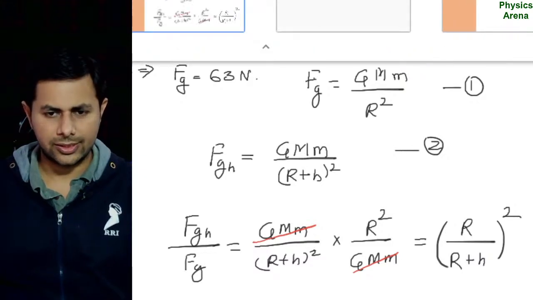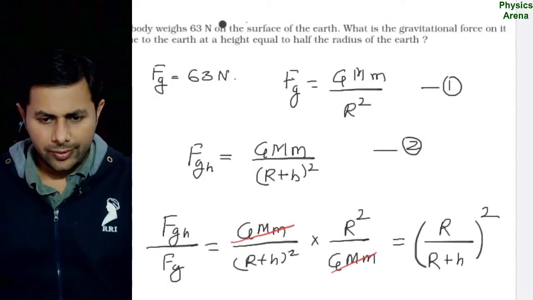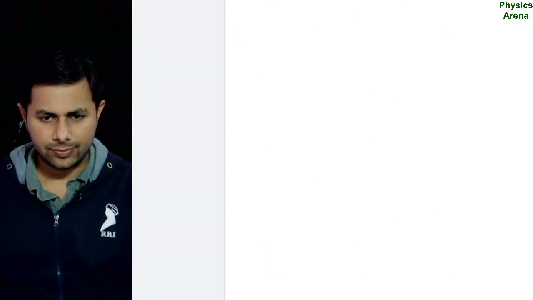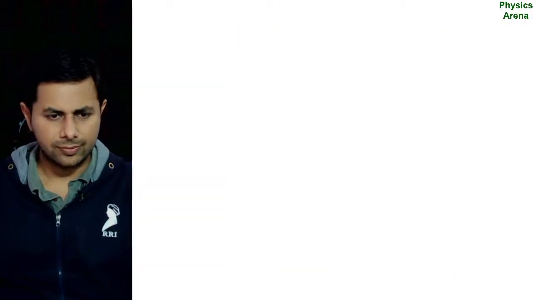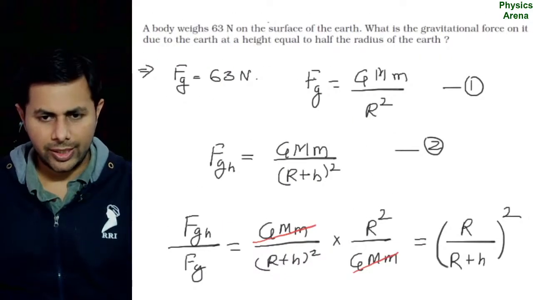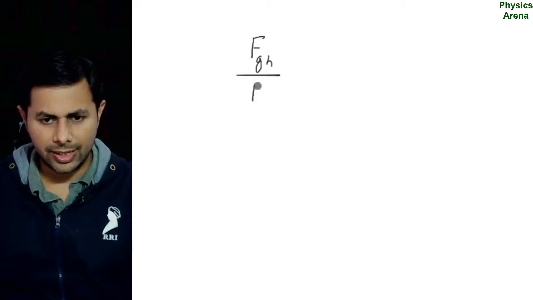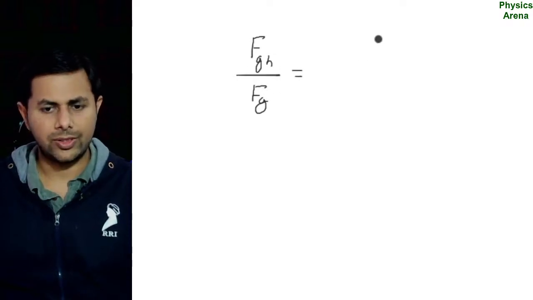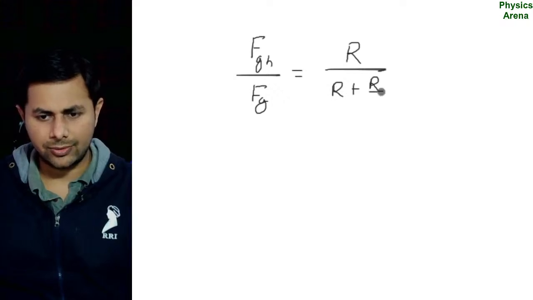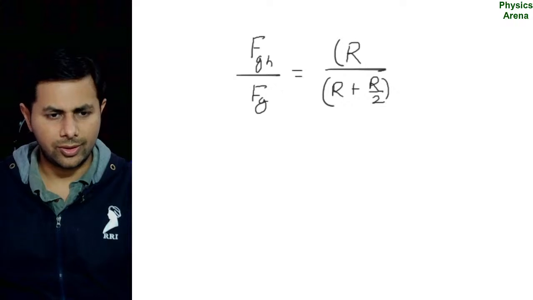So let's add a slide over here. Okay, so now let's substitute value of h. So how much is value of h? It is r by 2. Okay, so we have F suffix gh divided by F suffix g equals to r over (r plus r by 2), and we have square of all this.